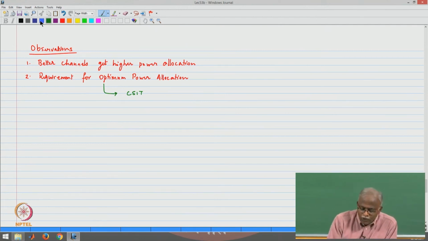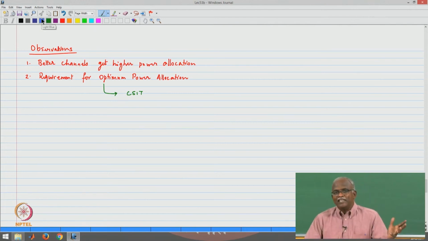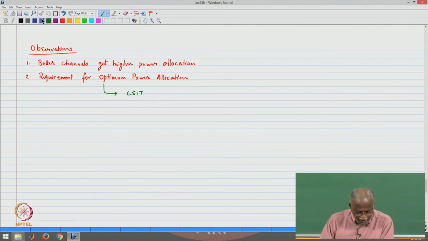So let us now look at some interesting extreme cases, and again these are useful for us to visualize and understand what these results mean. The first one is the case where it is low SNR.